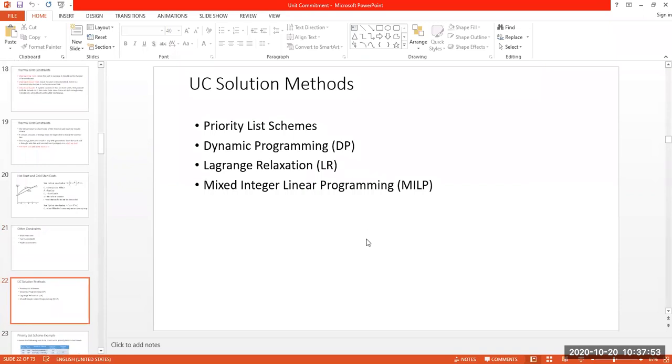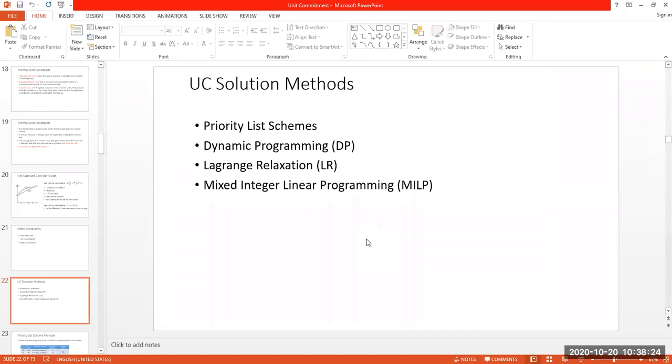And then we reached this slide talking about the different methods for solution. There are some early methods for solving the unit commitment problem, like the priority list schemes. Then the dynamic programming method was also employed for the solution. The Lagrangian relaxation is another method, and you can say one of the most recent among these four is the mixed integer linear programming method.